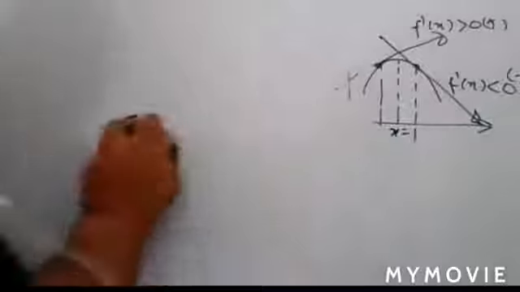But if the words are given like find the local maximum value, then you have to find its maximum value or minimum value. Here you are interested only in the points.